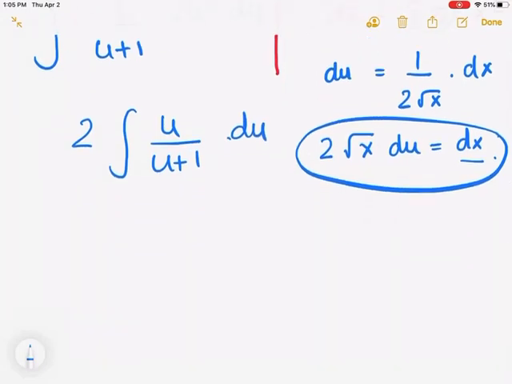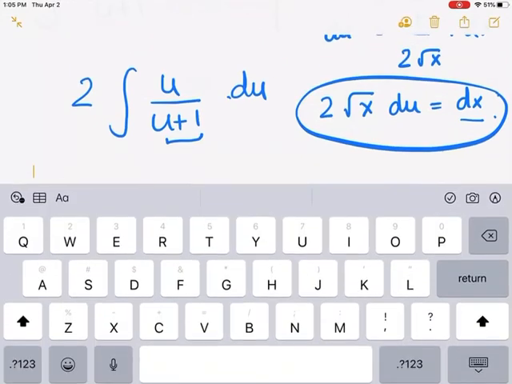Now, I can't split this into multiple fractions because the denominator is not just one term. If it is multiple terms, you can. But now, try recalling the lesson from the day before yesterday. If you have the same degree, or the top degree is bigger than the bottom one, we do long division, because you need to rewrite this.